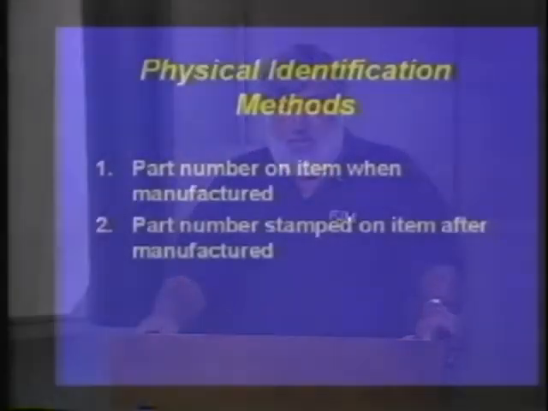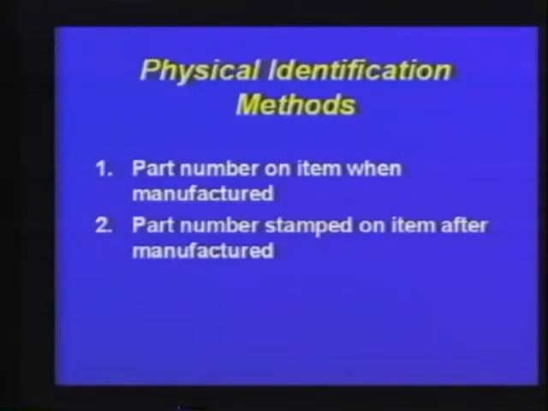Step number 2 indicates that you could stamp the number on the item after it's manufactured. And you have a couple stamping processes. You could use cold stamp or you could use hot stamp. And again, item 1 and 2 are addressing those items where you may have large quantities that are moving in and through the maintenance storeroom.